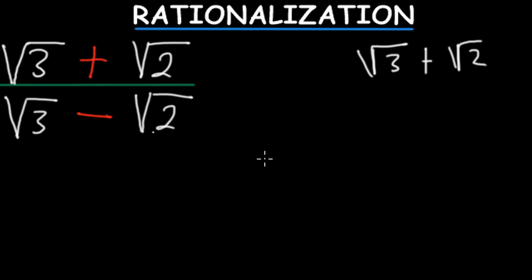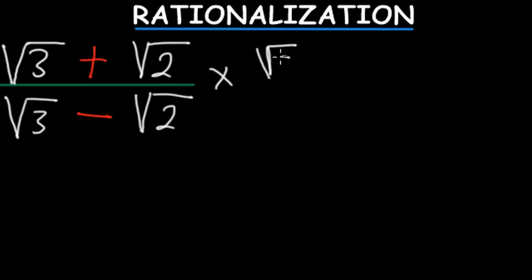Since the initial sign is negative, the final sign will be positive. So we are multiplying both with square root of 3 plus square root of 2.